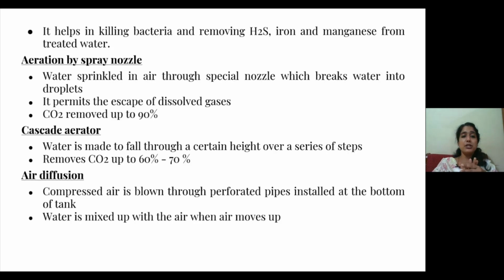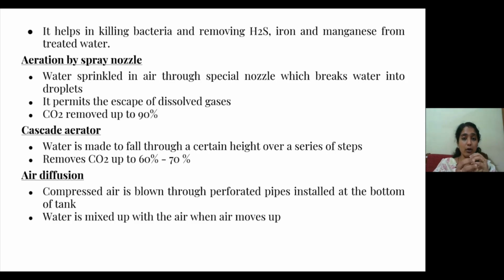The aeration process will help in killing bacteria and removing H2S, iron and manganese from treated water. The first method is aeration by spray nozzles. The water is sprayed with the help of a nozzle at high pressure, and the water is converted into droplets.